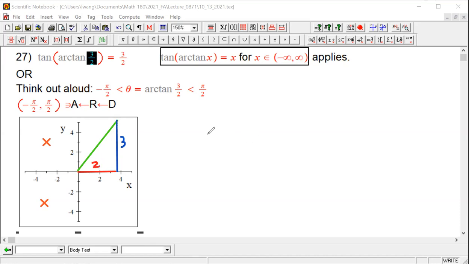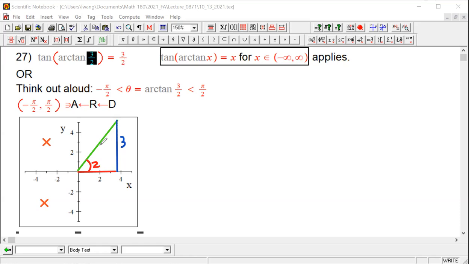Are you guys with me? You need to know how to do this in Calc 2, okay? So once we've done that, we have the terminal. Now we have the angle. We know the angle is where? The angle is in the first quadrant, terminating in the first quadrant. So tangent of theta is, of course, going to be 3/2 again, right? So it's obvious you're going to have 3/2. Are you guys with me?